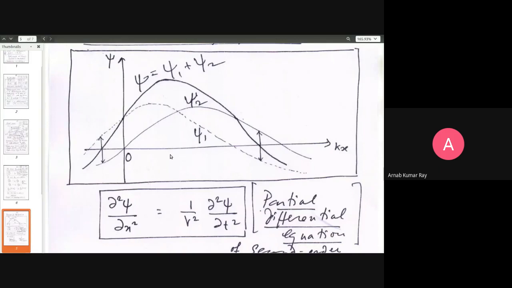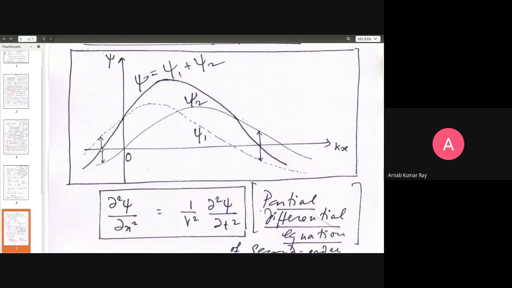Yes. Now psi1 plus psi2 is also a solution. So let us see what we have over here. Psi1 has zero value at this particular point, and this is the value of psi2. So 0 plus psi2 will just give psi equal to psi2. That's why this thick continuous function, which is psi, the superposition function, passes through this point.